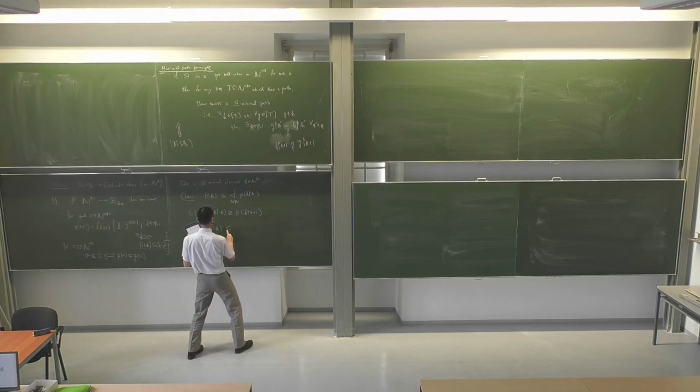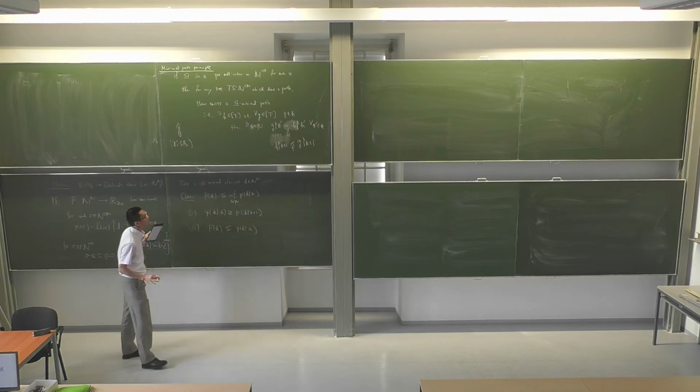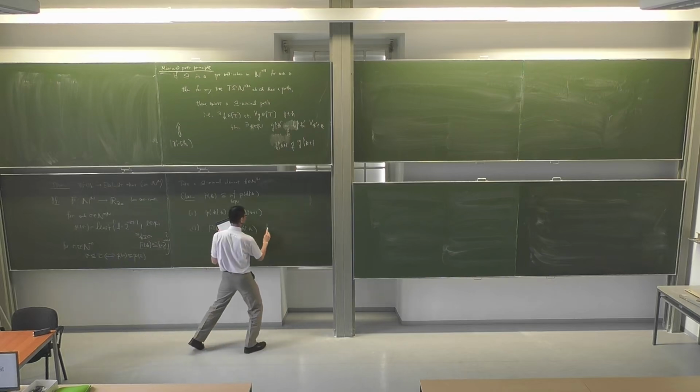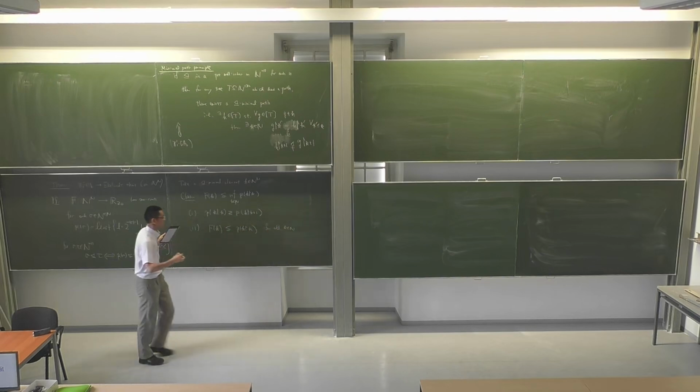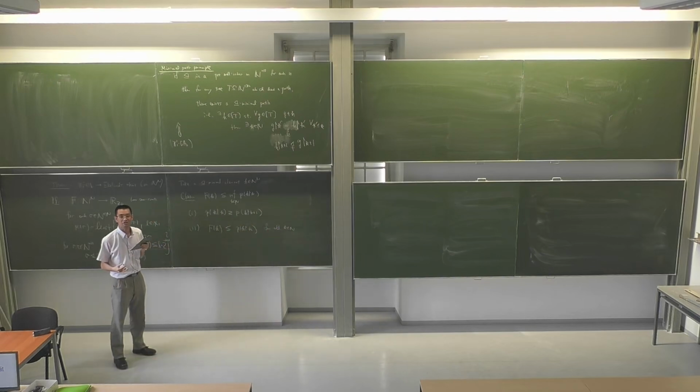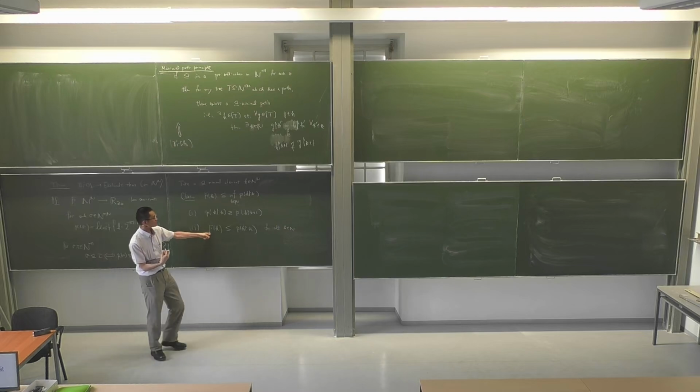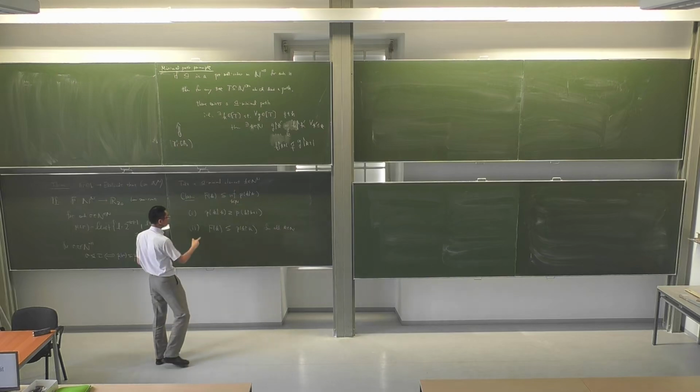Once we have this, because F is lower semi-continuous, F of h is always smaller than this. This is more like a basic topological discussion. Because F is lower semi-continuous, F of h has to be smaller than something.